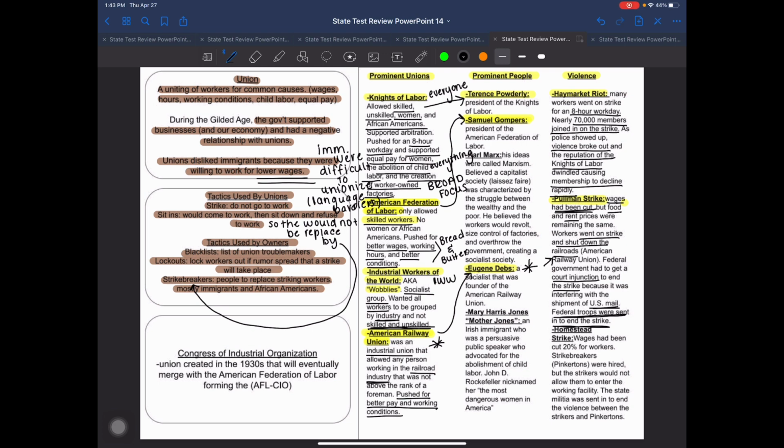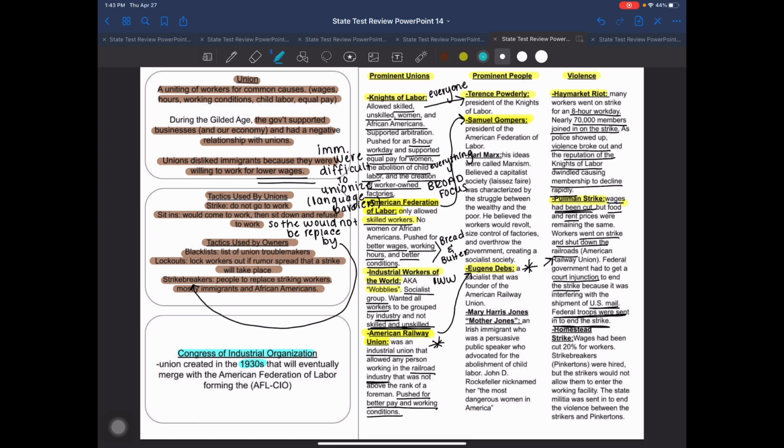Now, the last little section, honestly, that I want to cover, it's a little random note over here at the bottom. We get the Congress of Industrial Organization. This is a union that was created way later on in the 1930s during the Great Depression.